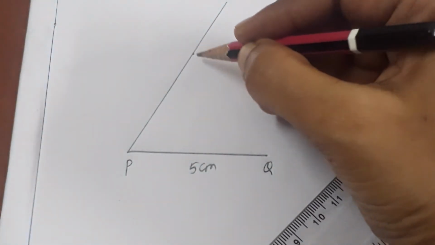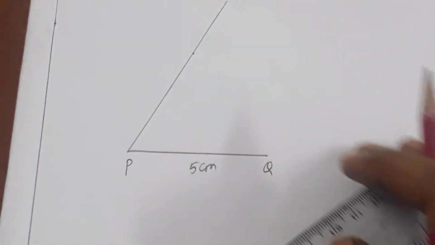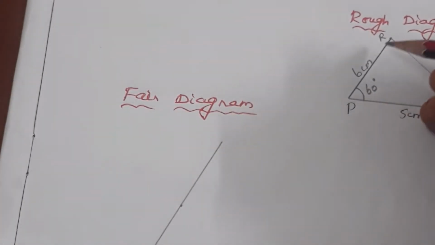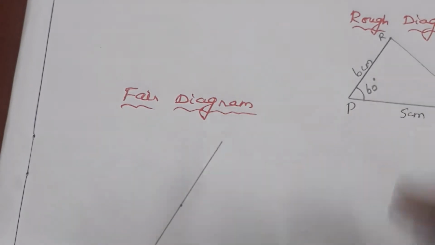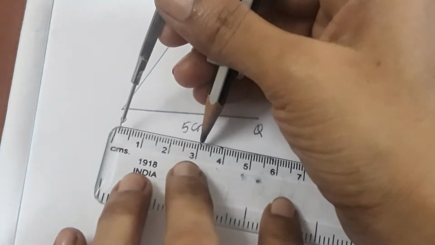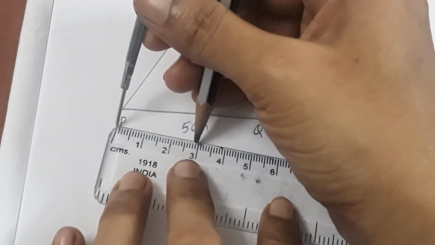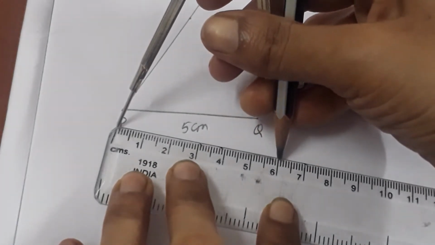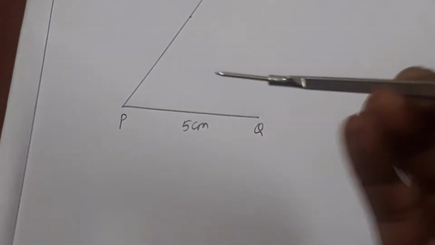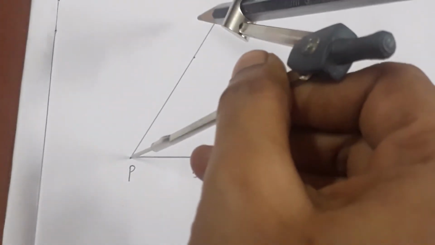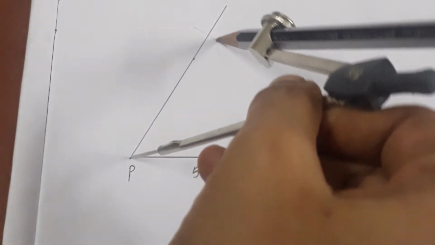This is not your point R. And then there is one more measurement given in the question. PR is equal to 6 cm. So take your compass and measure 6 cm in your scale. Then fix your compass tip at P and draw one arc like this.